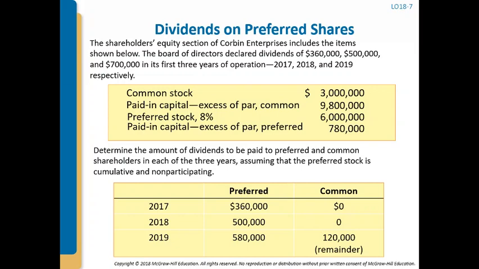And so in this case, the board of directors declared dividends of $360,000, $500,000, and $700,000 in its first 3 years of operation, which are 2017, 18, and 19.